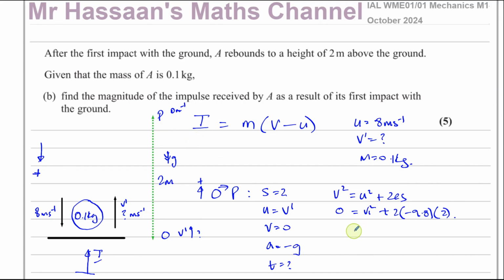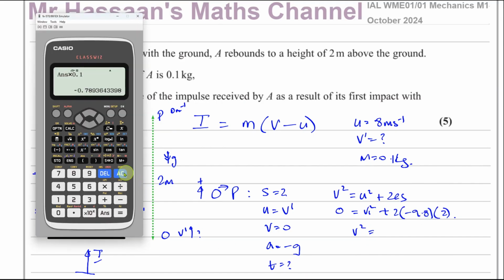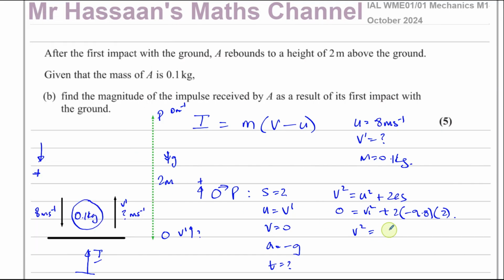So V dash squared is 4 times 9.8, which gives 196 over 5. That's V squared, so V is the square root of 196 over 5. I'll leave it like that for now. This is the velocity with which it leaves the ground.